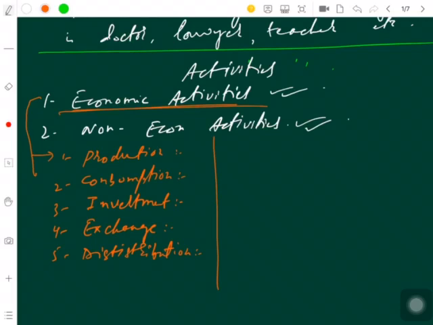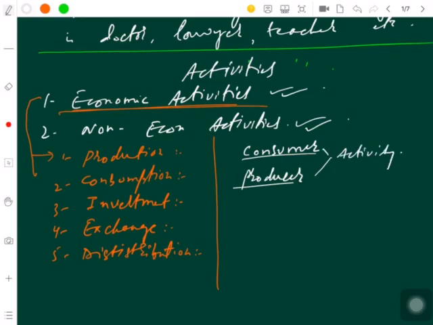Now let us make a small diagram to make you understand what we were talking about earlier. We know who is a consumer. We know who is a producer. I'll take only these two to make you understand. A consumer is a person, a producer is a person. Both are performing an activity, as we said earlier.